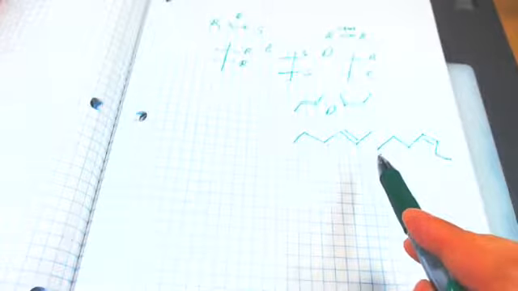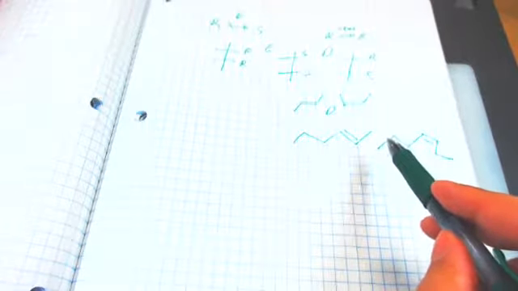There you go. So, these two, one of this is trans and the other one is cis. Just because we see cis and trans doesn't mean we automatically go, yeah, diastereomers.